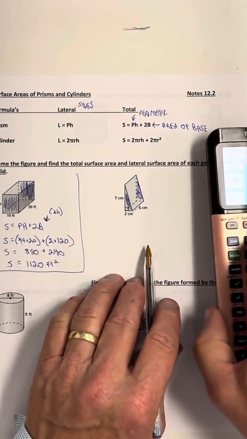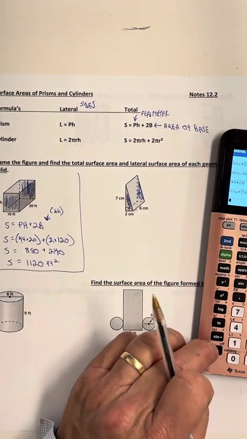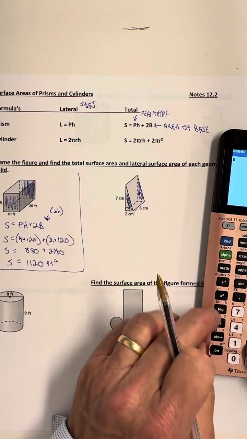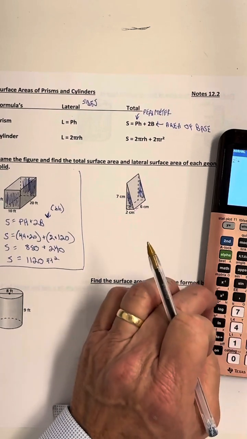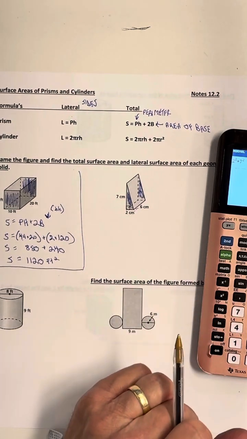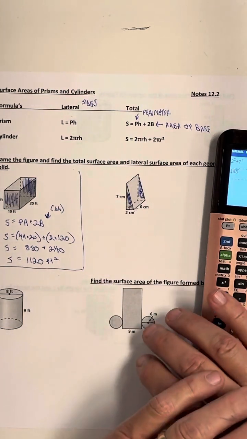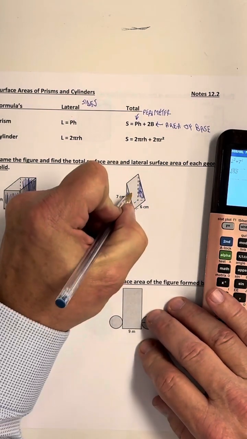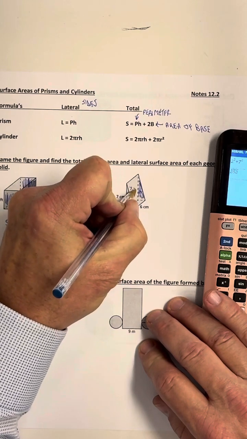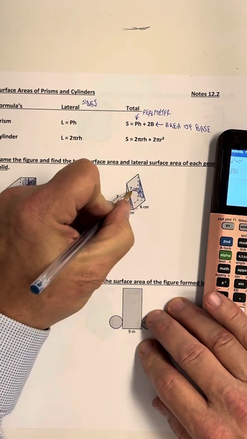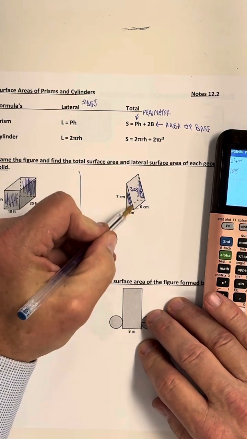So using the Pythagorean theorem and rounding to the nearest hundredth, we've got 2 squared plus 7 squared. Take the square root of 53 and round to the nearest hundredth, 7.28. So that's the length of the hypotenuse.